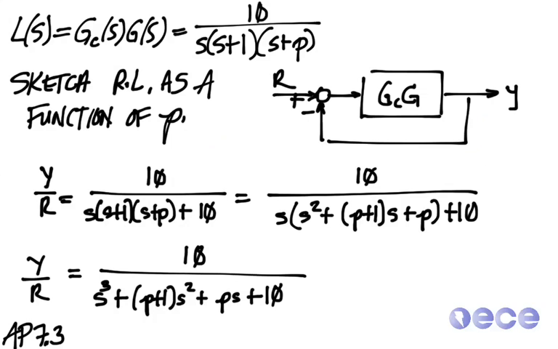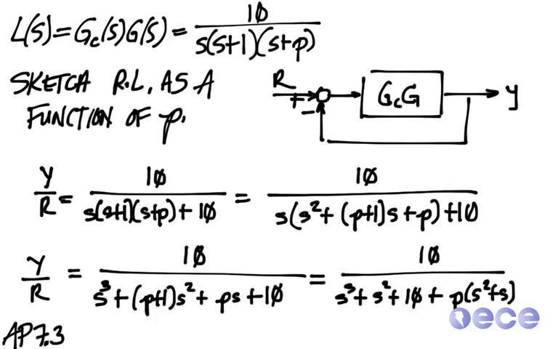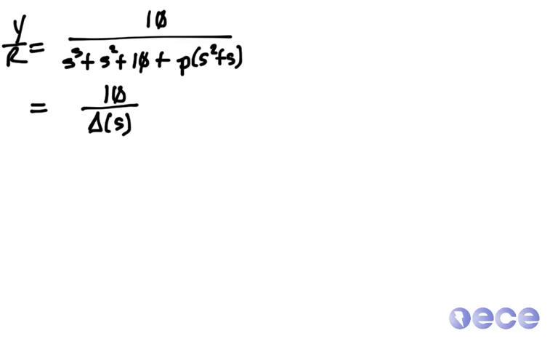This doesn't really seem to help here. This does. Now we have p isolated all on its own: 10 over s cubed plus s squared plus 10 plus p times s squared plus s. So now we can take this transfer function and label it as 10 over some delta of s.